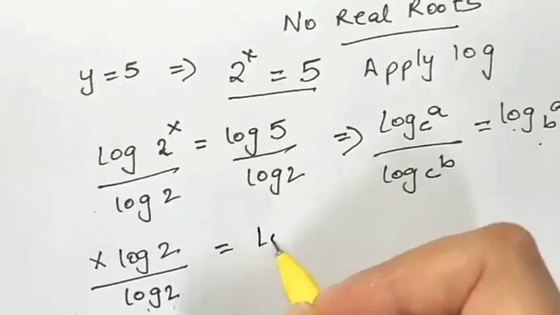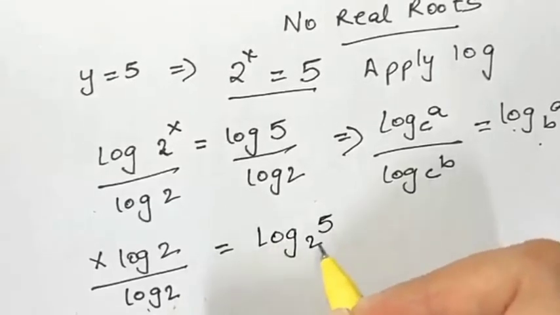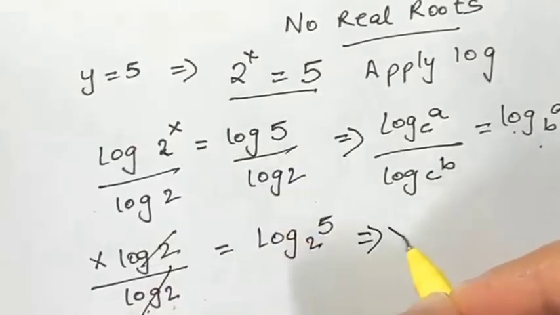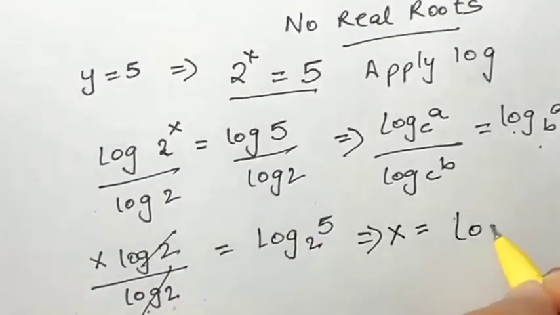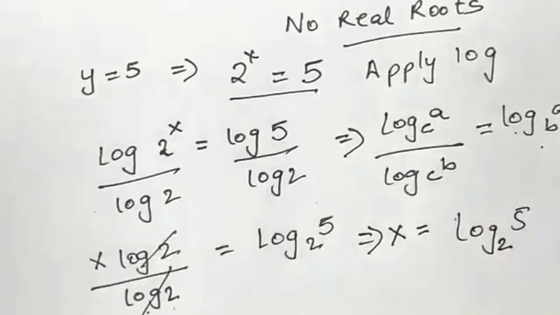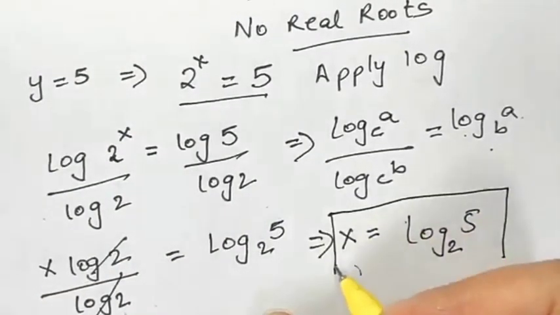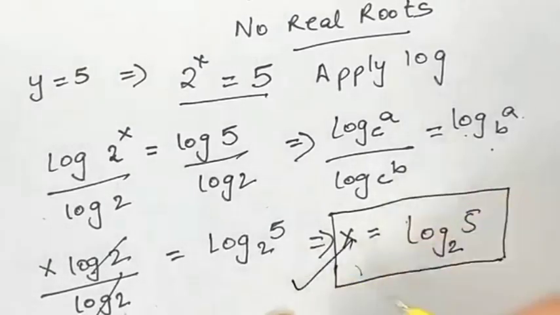So we can write this as log 5 to the base 2. Log 2 here gets cancelled. So we have x is equal to log 5 to the base 2. This is what we got, the value of x in this.